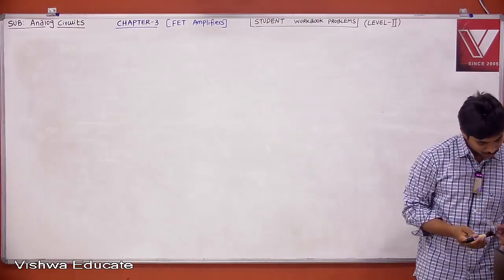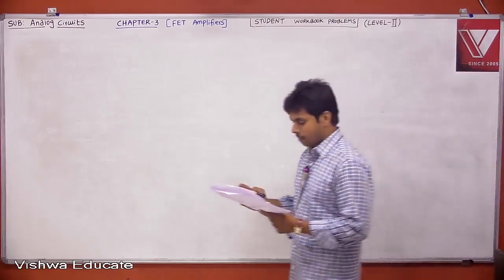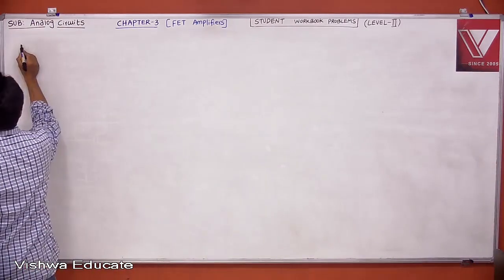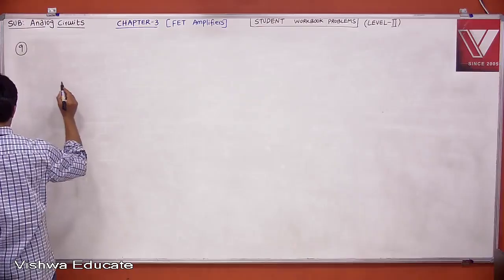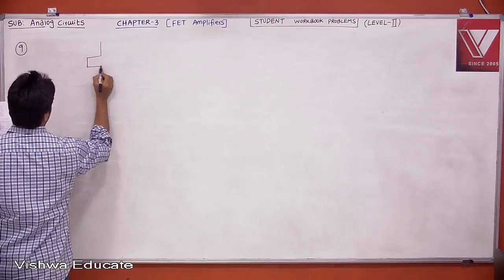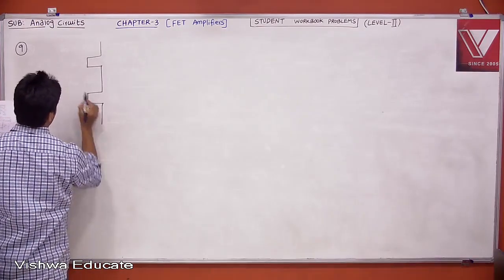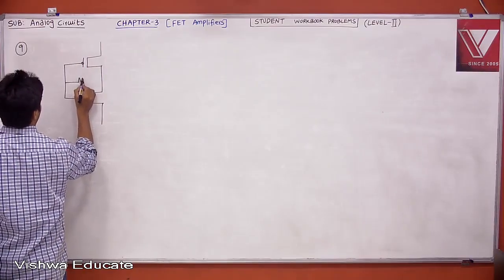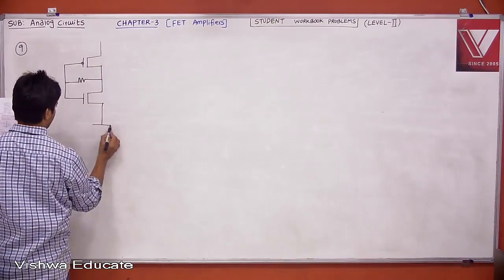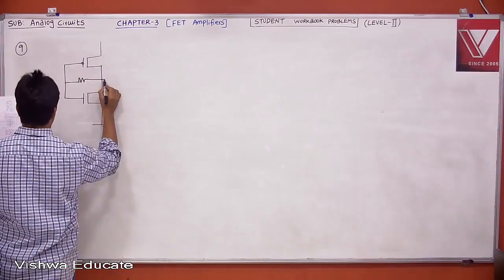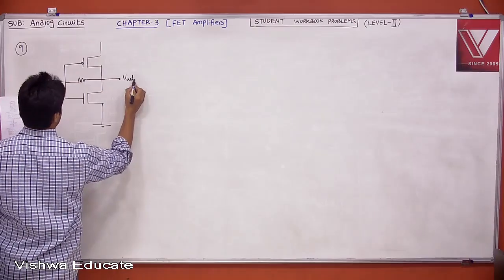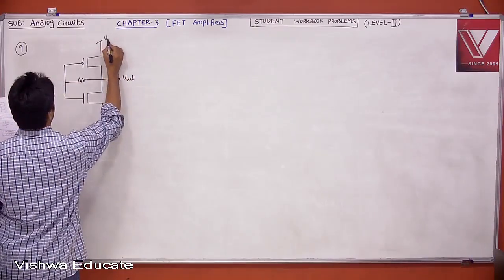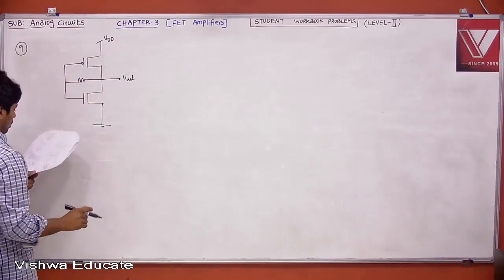What is the voltage V out in the following circuit? Okay.